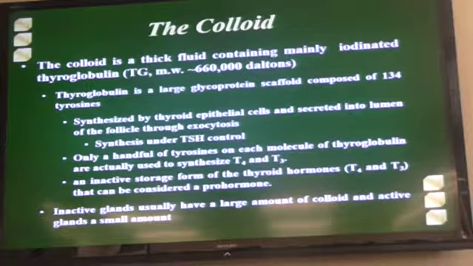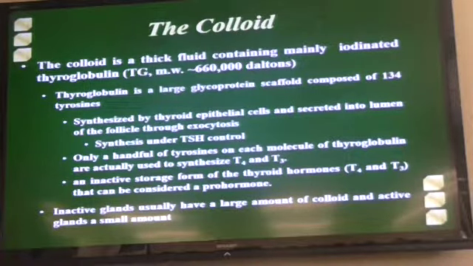Okay. Now, as far as your synthesis, thyroglobulin is synthesized by thyroid epithelial cells and secreted into the lumen of the follicle through exocytosis, and this synthesis is all under thyroid stimulating hormone control from the pituitary. Now, only a few of the tyrosines on each molecule of your thyroglobulin are actually used to synthesize T4 and T3, but you have all the rest there, so if it needs more, it's available so it can make more of it.